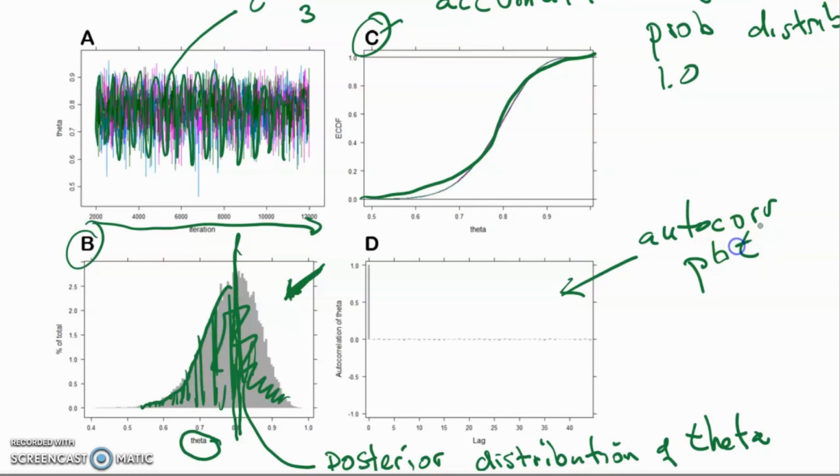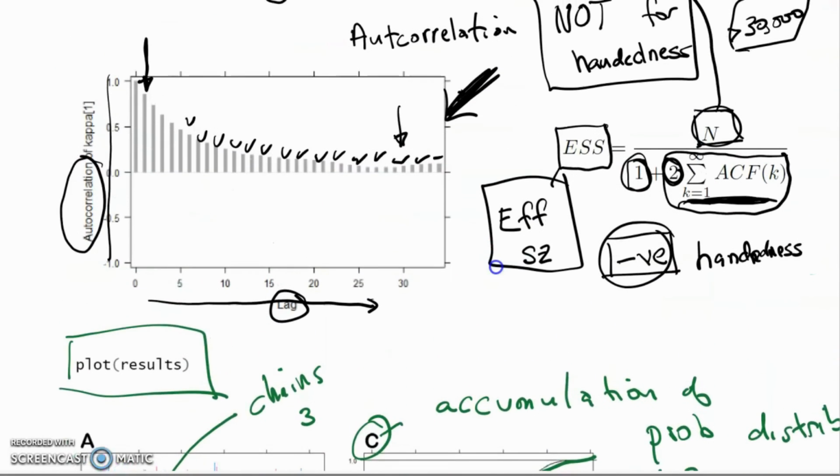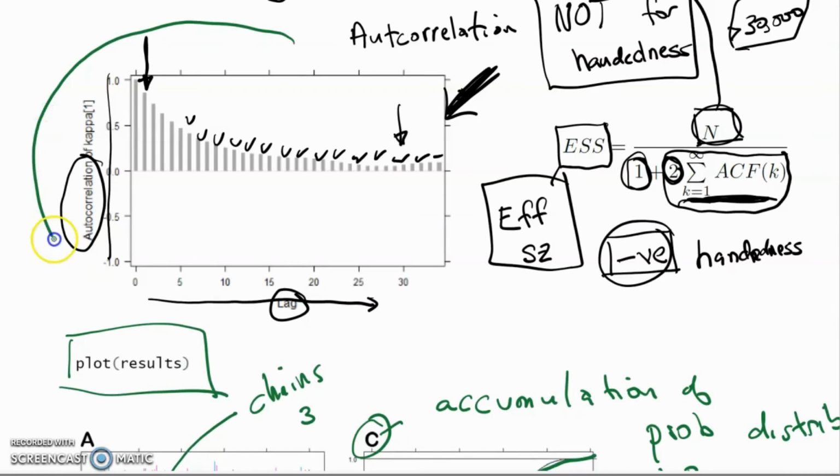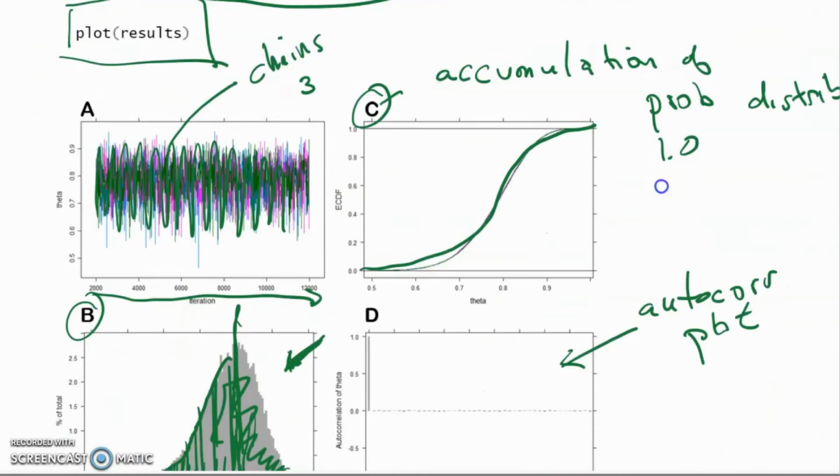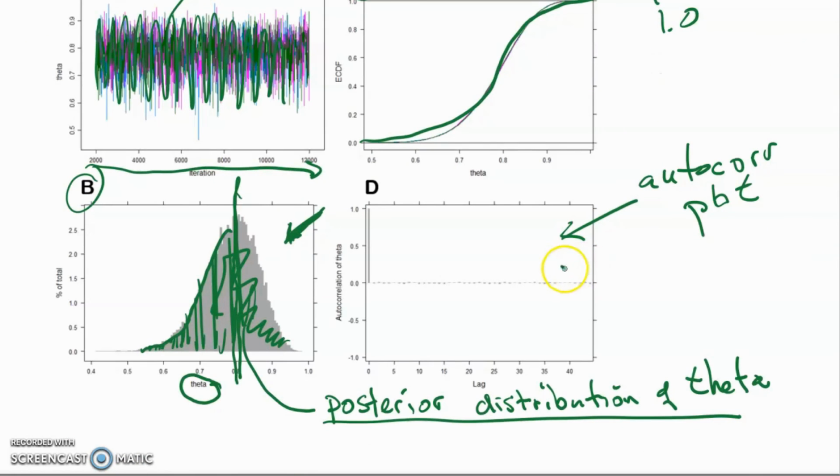So, as I said, when I tried to describe what autocorrelation was, I used the example from week 9. I didn't use the example from the handedness study because this is the autocorrelation plot from the handedness study. And you can see just by virtue of the fact that it was such a simple study, essentially there is no autocorrelation.